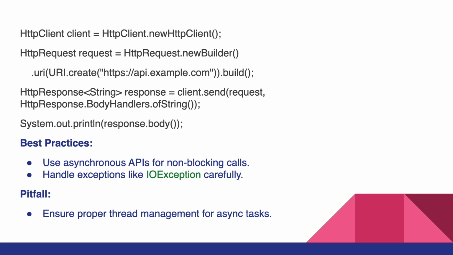For best practices, use asynchronous APIs for better scalability in high traffic environments. And remember, always handle exceptions like IOException and InterruptedException robustly.